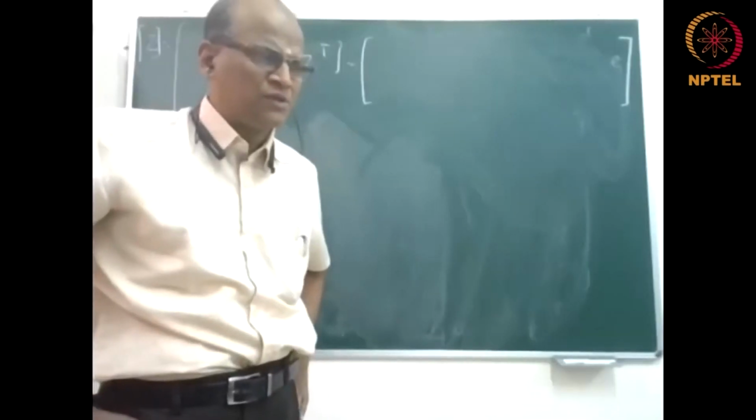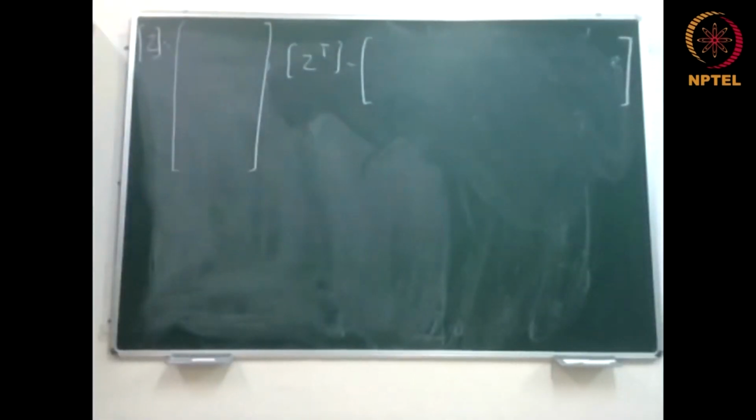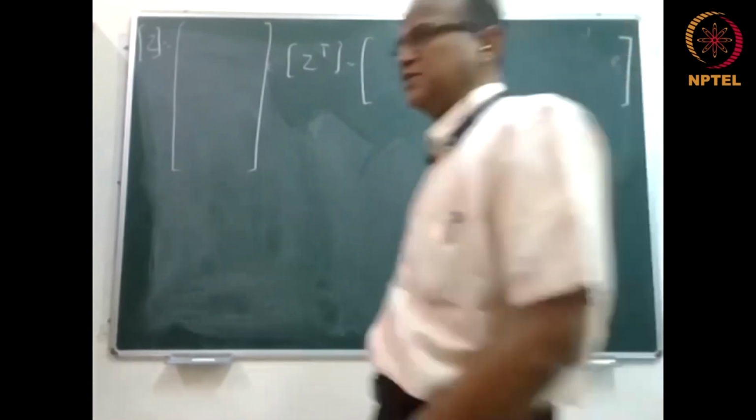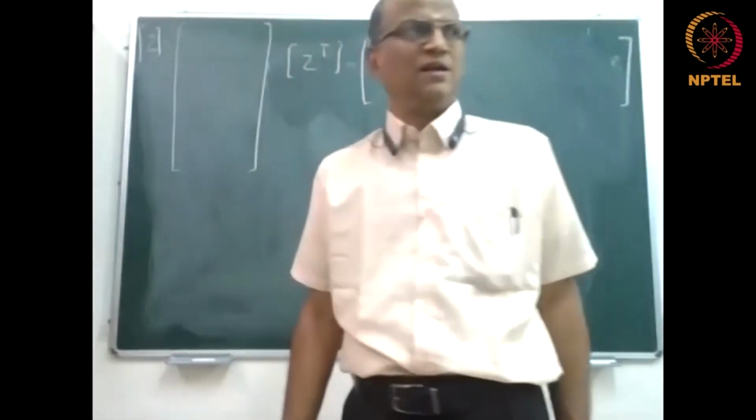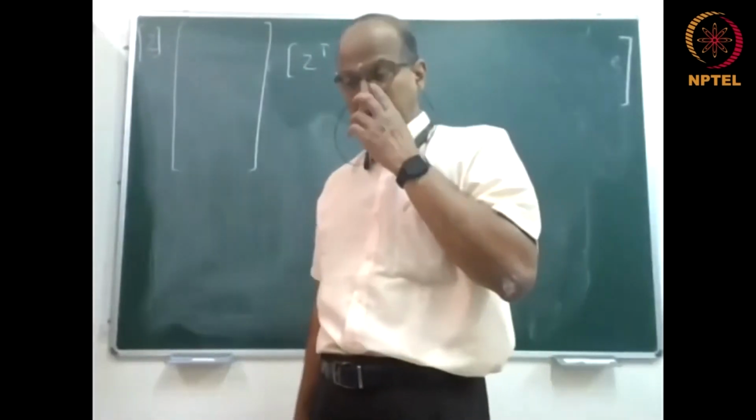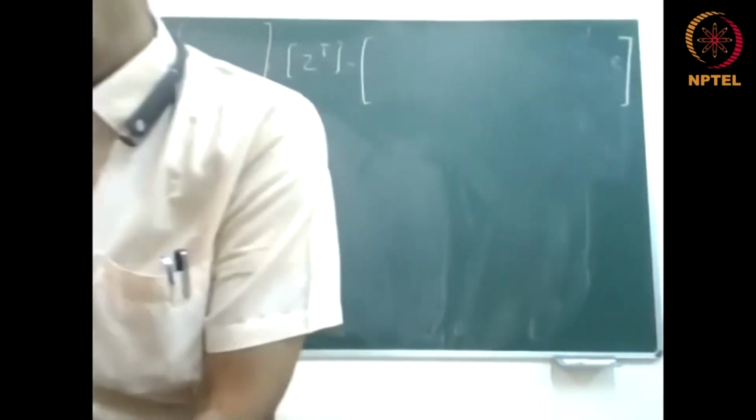It's not Z into transpose, it's Z transpose into Z. That was a mistake. You should not make that mistake. So Z transpose alone is not correct. Okay, class, please tell me.